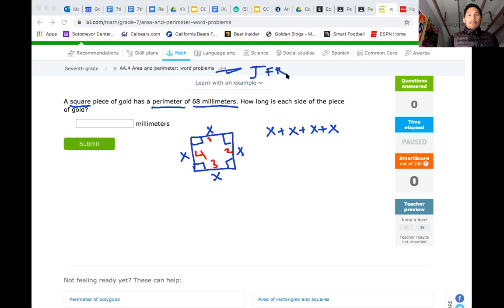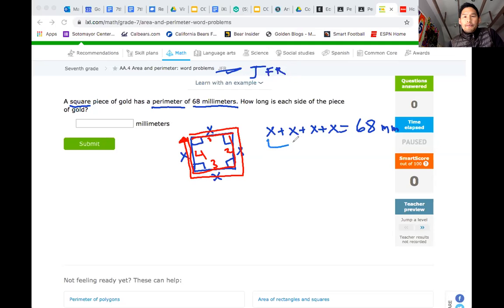All 4 sides together equal 68 millimeters. Perimeter means the length around the square. If you were walking around this square, around side 1, down side 2, over side 3, up side 4, that is the perimeter. You're going around the whole thing.